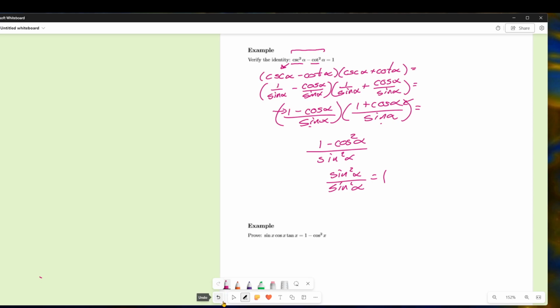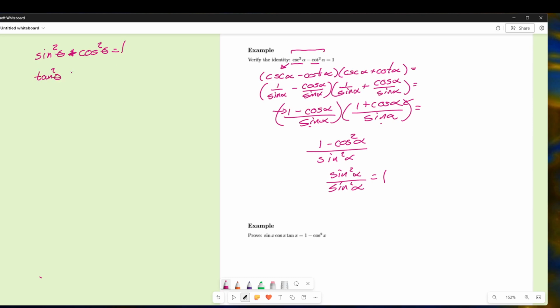But it is often nice to take advantage of the manipulation that you can get from cotangents, cosecants, secants, and tangents. For example, as we mentioned before, your primary Pythagorean identities: sine squared alpha plus cosine squared alpha equals 1, and any of its manipulations.